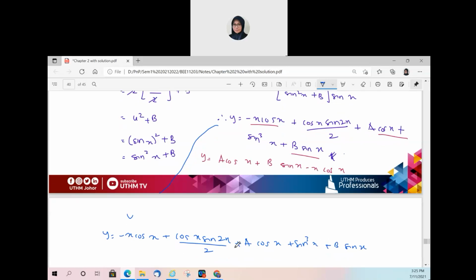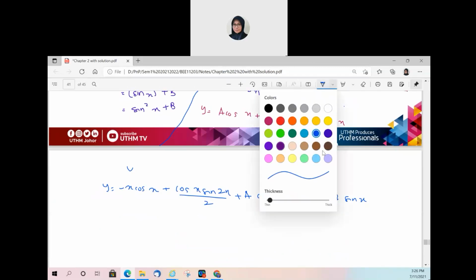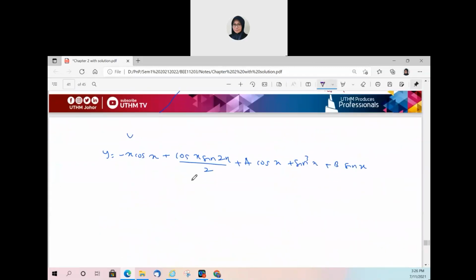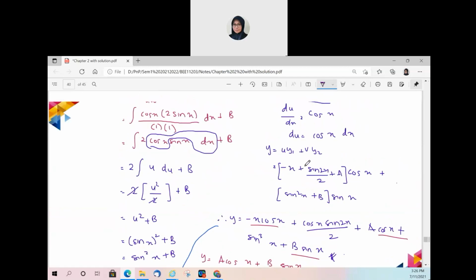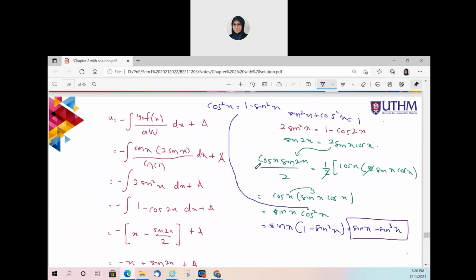So this part, we replace with this one. So this cos x sin 2x over 2 we replace with sin x minus sin cos 3x.